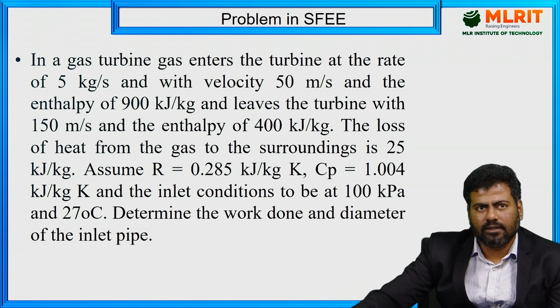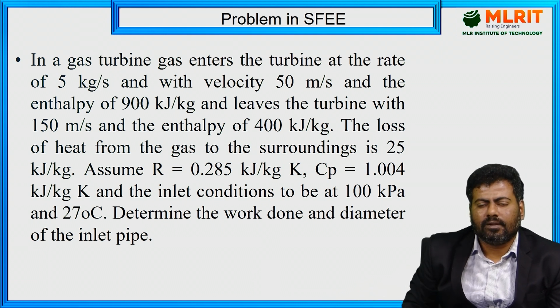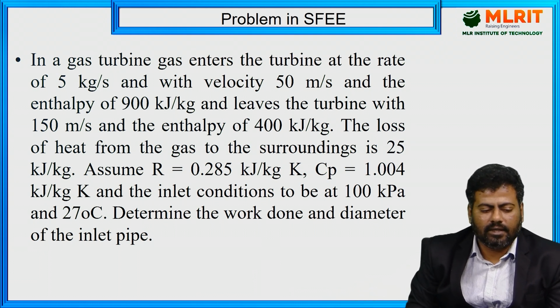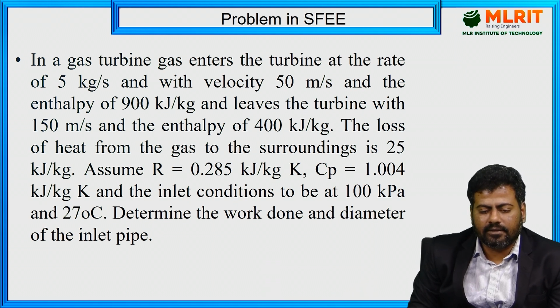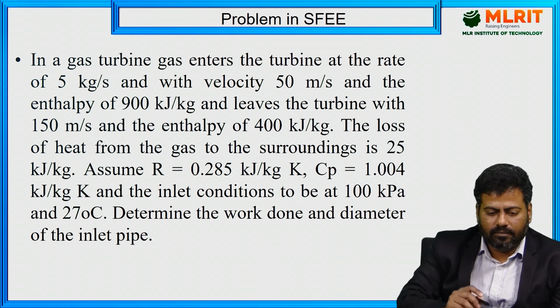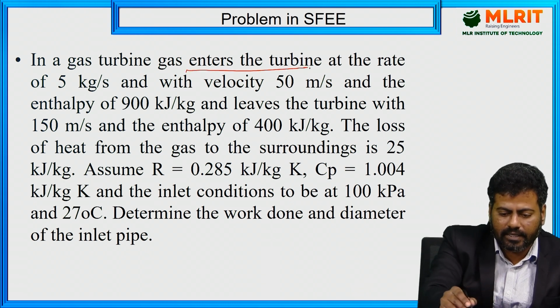This is the given problem. Let me read the problem. In a gas turbine, gas enters the turbine at the rate of 5 kg per second and with a velocity of 50 meter per second, and the enthalpy is also given.